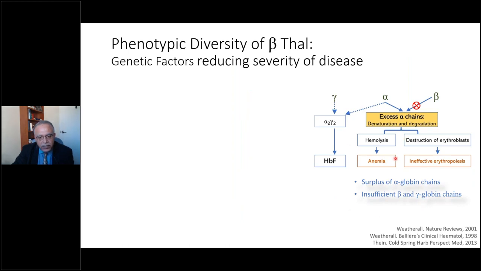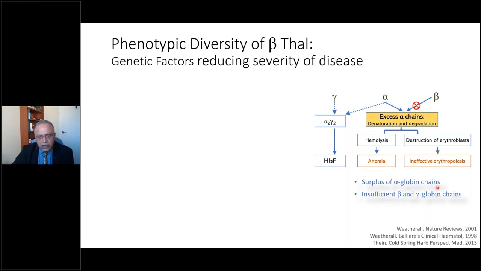And this depicts the pathophysiology of beta thalassemia. We have known for a long time that the central issue in thalassemia is the imbalance in globin chain synthesis.